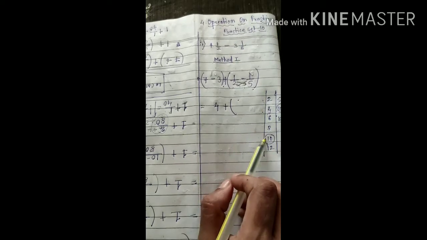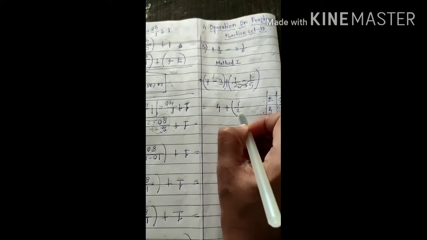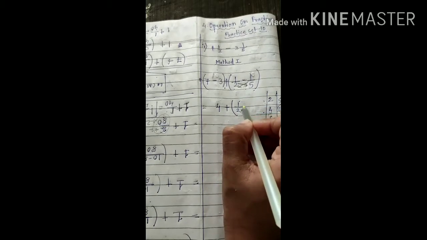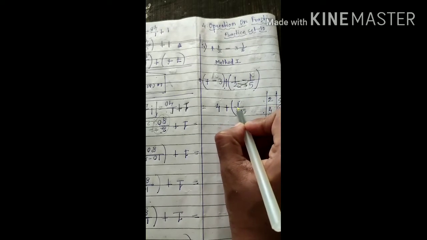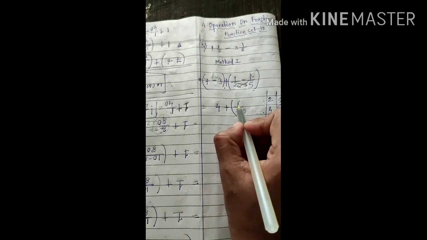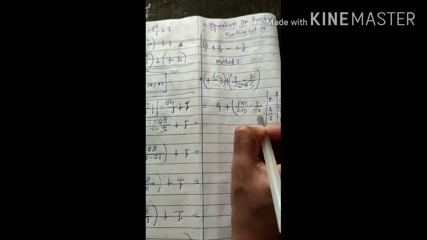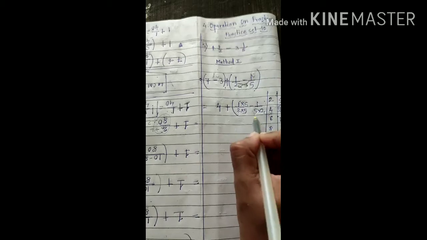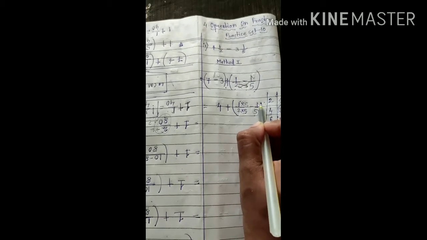So 2 5s are 10, 5 2s are 10. So you multiply 2 by 5, you will get 10. If you multiply the denominator by 5, then you also have to multiply the numerator by 5. Then 5 multiplied by 2. If you multiply the denominator by 2, you have to multiply the numerator also by 2.